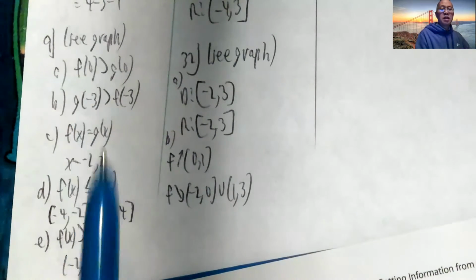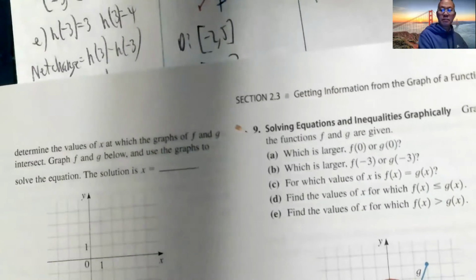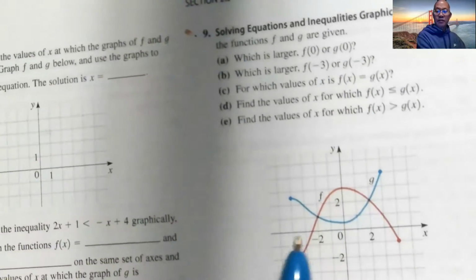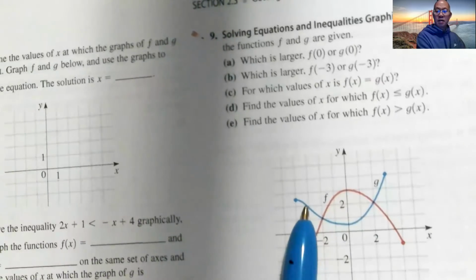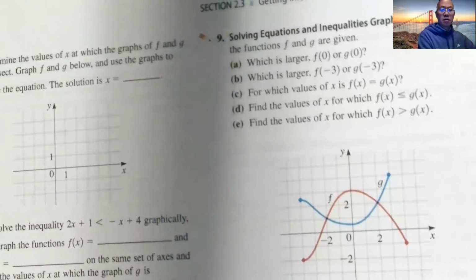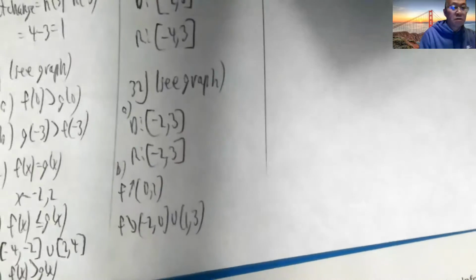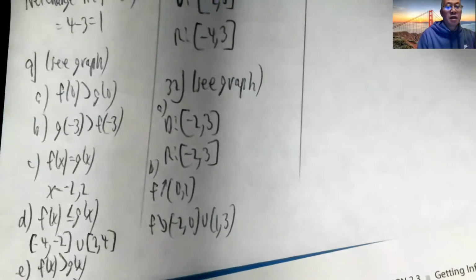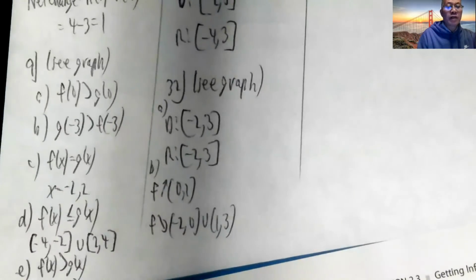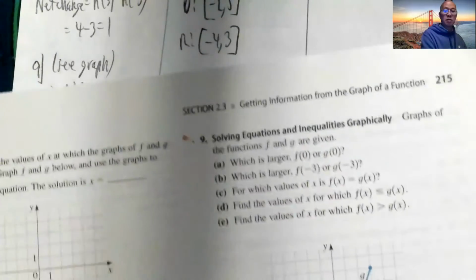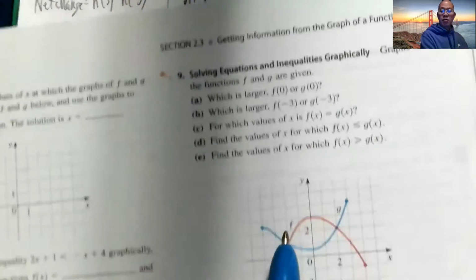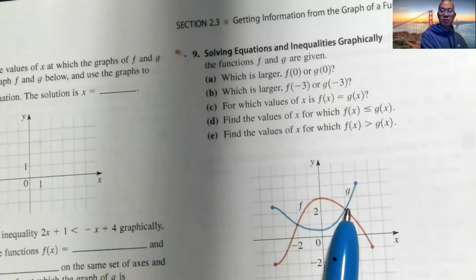Part B, g of -3 is greater than f of -3. At -3, the blue is above the red. So there's 9B. 9C, f of x equals g of x at -2 and 2. Where are they equal? At -2 and at +2.